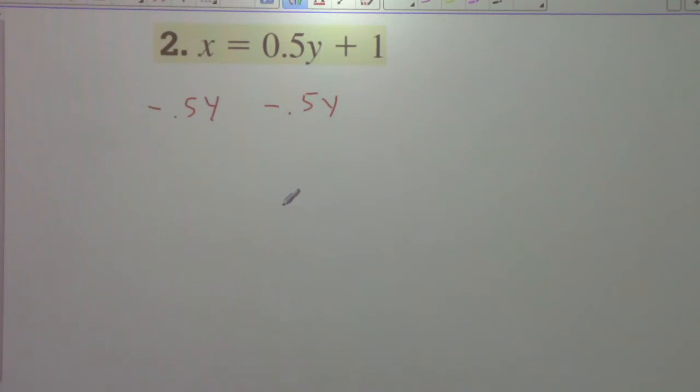And then you subtract x. Yes. So we get negative 0.5y equals, we can write this as negative x plus 1. Is that what we can do? And then you divide by negative 0.5.